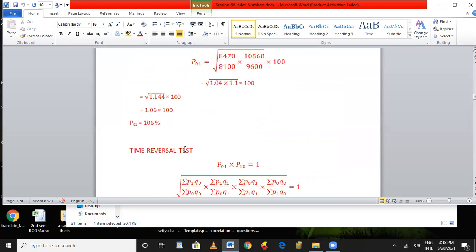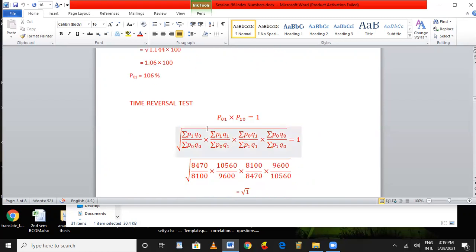Then we shall see whether it satisfies the time reversal test. In the time reversal test, the time is reversed for the current year and base year, instead of 0, 1 it is 1, 0. P01 is the price index number calculated from the base year to the current year.